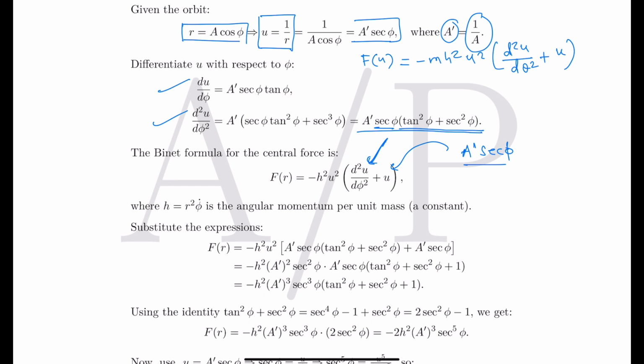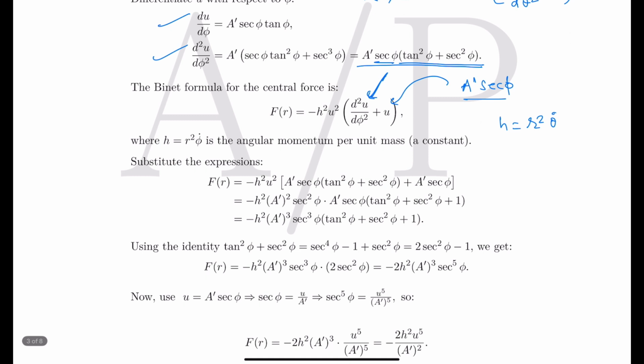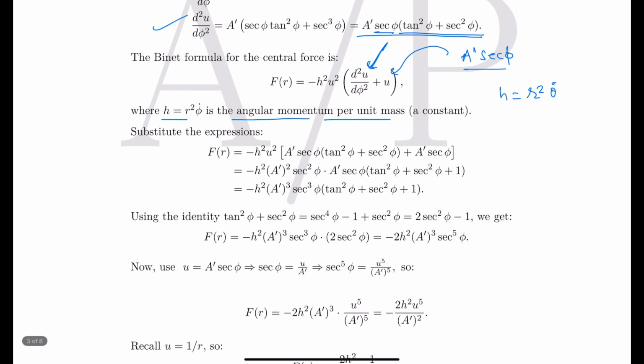We know that h is r square theta derivative, and this is for unit mass because there is no mass term here. To simplify, we are using the unit mass case, and h, as I said, is angular momentum per unit mass, and it is a constant in this case.